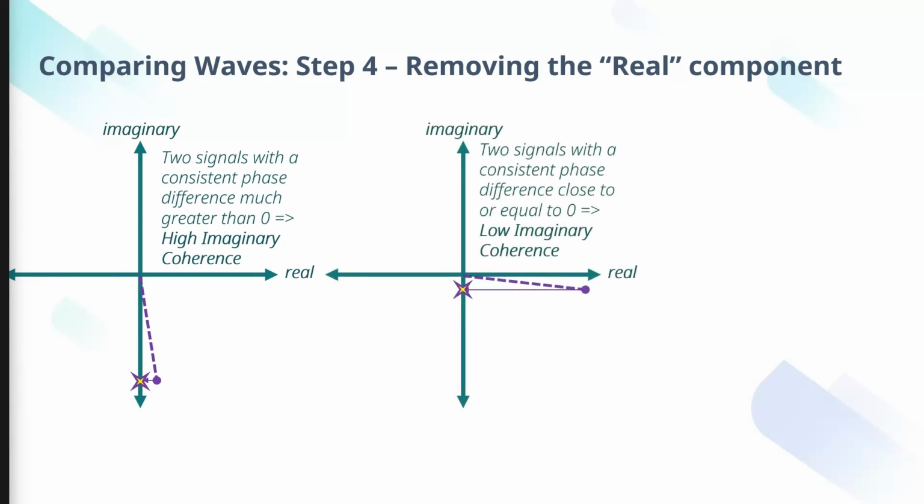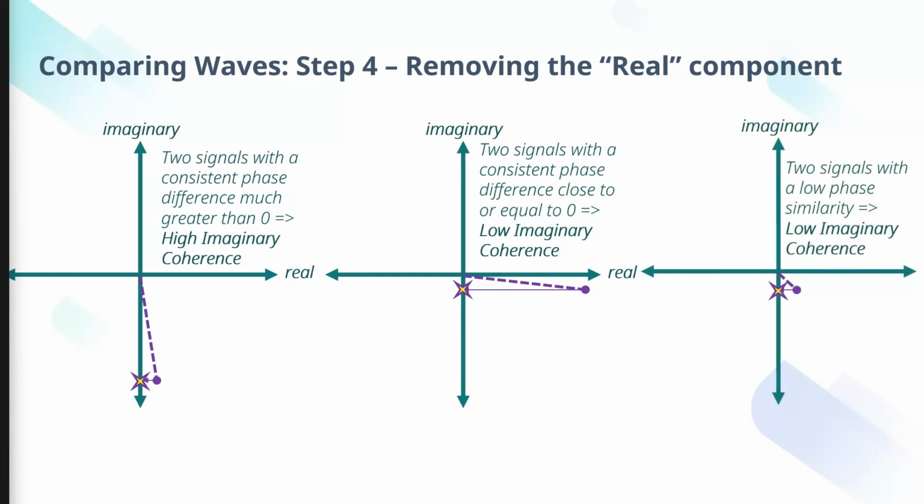Now, if we have two signals that still have a lot of the same amplitude or a lot of the same frequency, so maybe a lot of alpha, but they're perfectly consistent in phase, when we remove that real component and look at where it lines up with the imaginary axis, we end up with low imaginary coherence. So in that situation, we wouldn't get high connectivity.